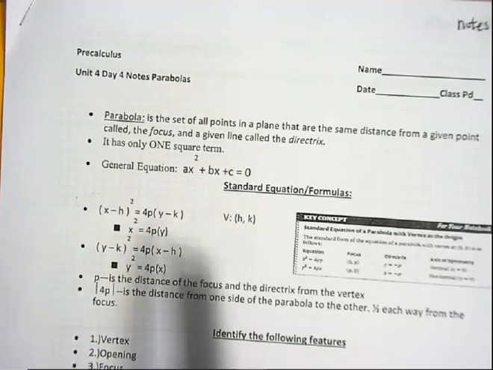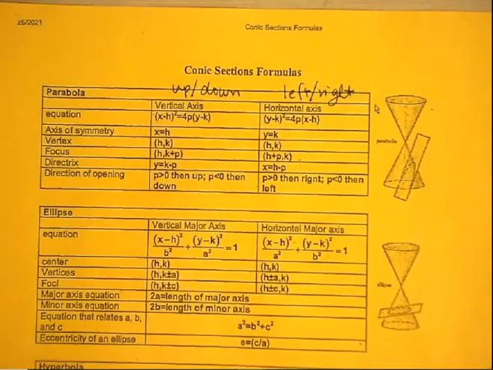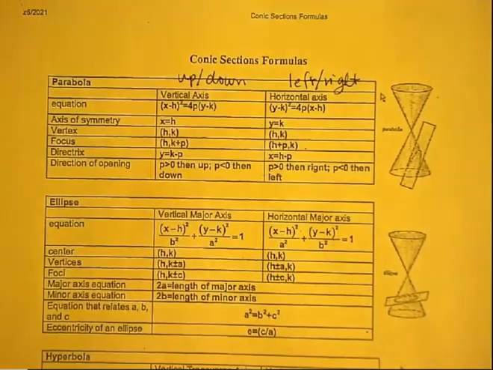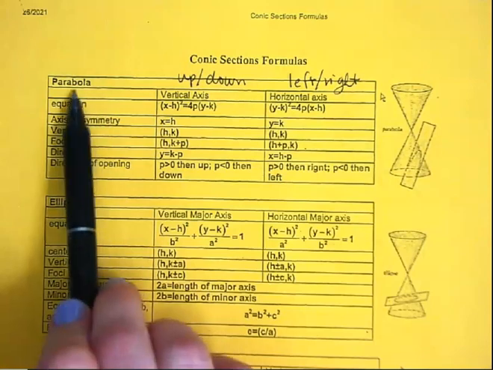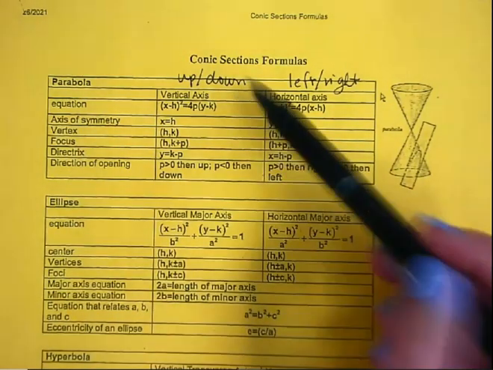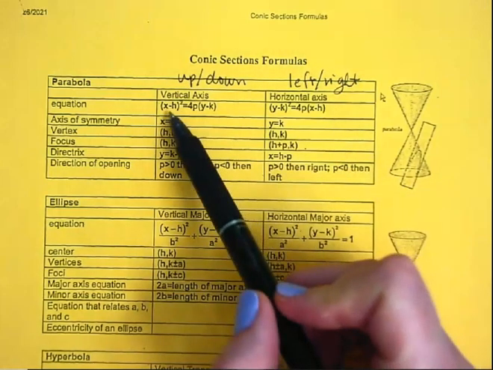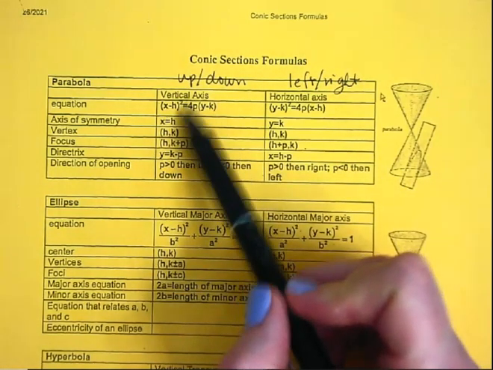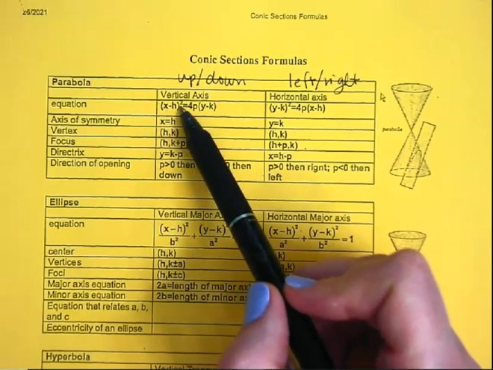So these formulas here for the standard equations are also here on your formula sheet. One thing I want you to add on your formula sheet is that, so here's the section for parabolas, and this column is for parabolas that are opening up or down, on the vertical axis, and the identifying feature of those is that on the left-hand side of the equation we have the x squared.